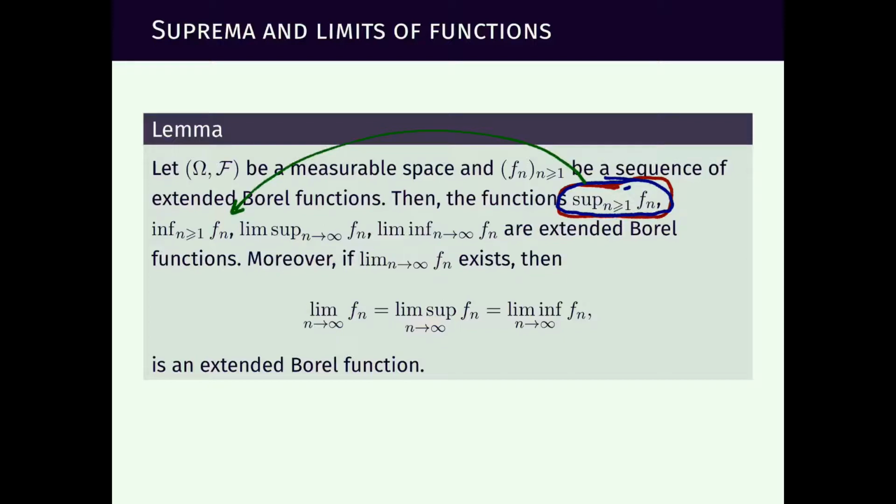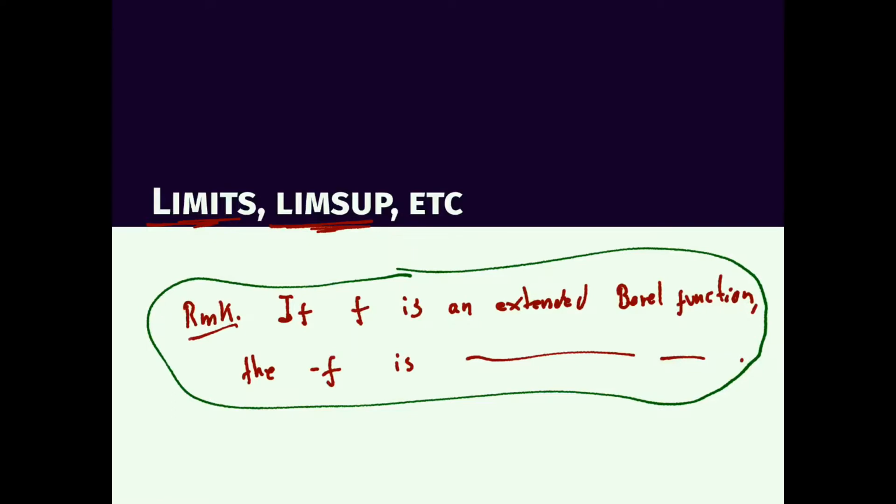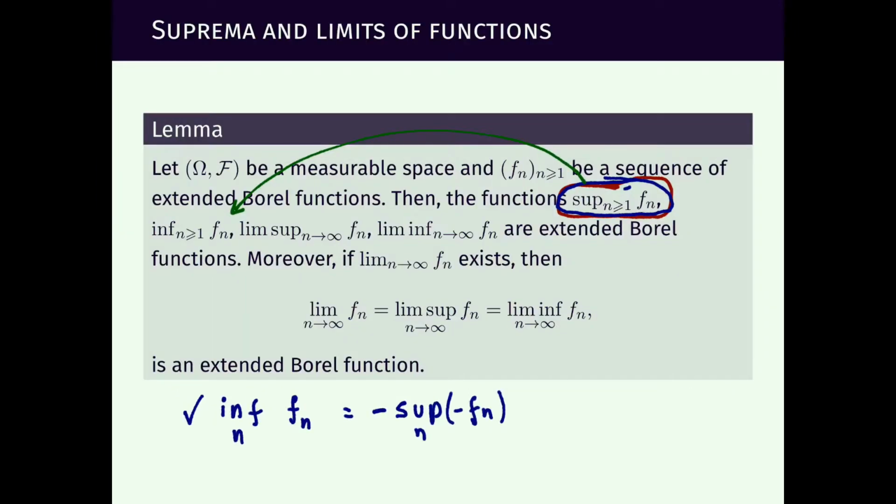As you can guess already, similar to the previous proof, we just have to note that the infimum of fn is minus the supremum of minus fn, and this would then be an extended Borel function because we already know that suprema of countably many extended Borel functions is a Borel function, and we have again this remark that if a function is an extended Borel function, then minus that function also is, which proves that the infimum of countably many Borel functions is also a Borel function.